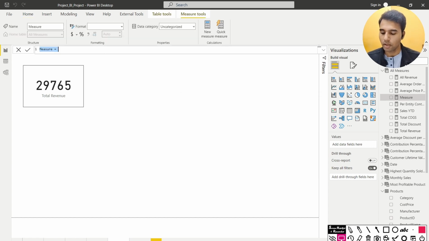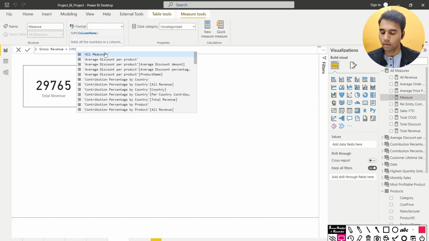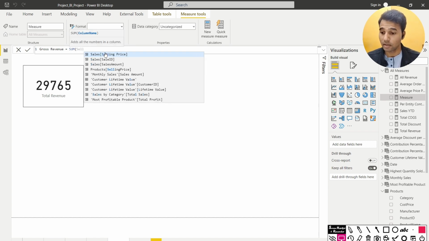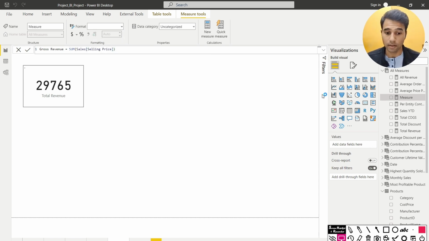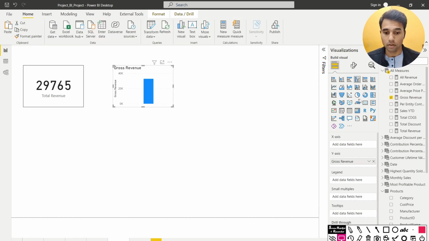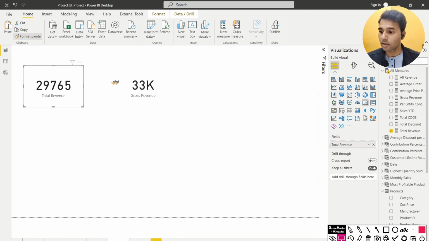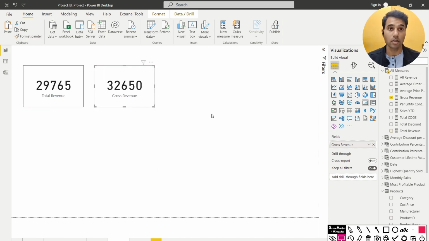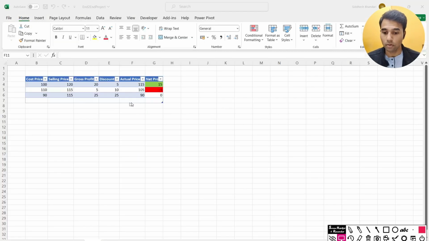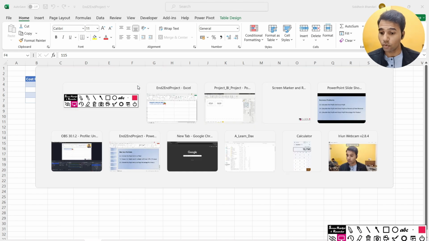I will call it gross revenue is equal to sum of selling price, the column that I just created. So I quickly pull it here, change it to a card, change its formatting.